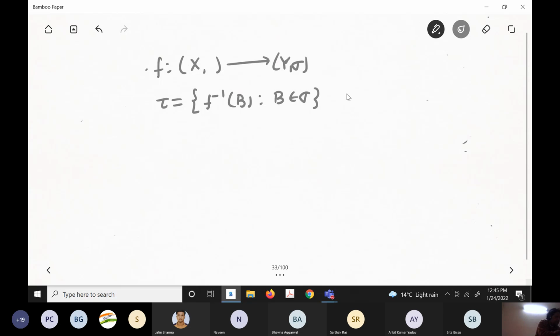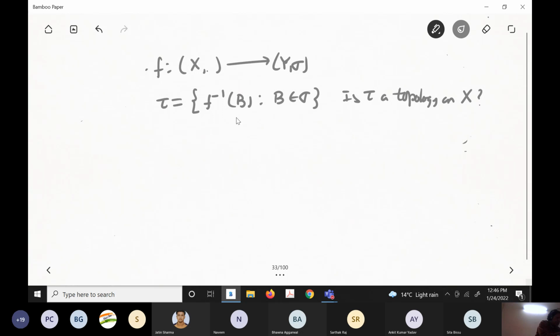Is tau a topology on X? If it is a topology, then obviously with this, (X, tau) will be continuous, because exactly this is what I am taking. Is tau a topology on X?